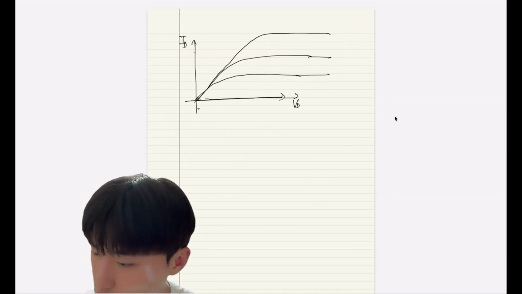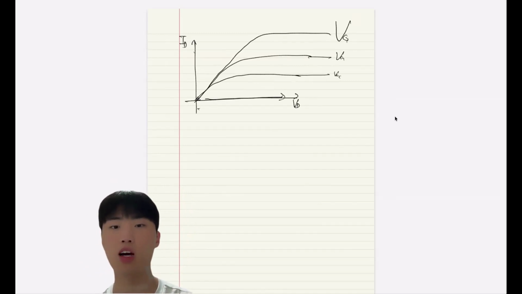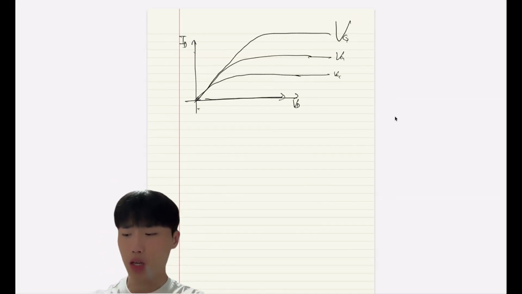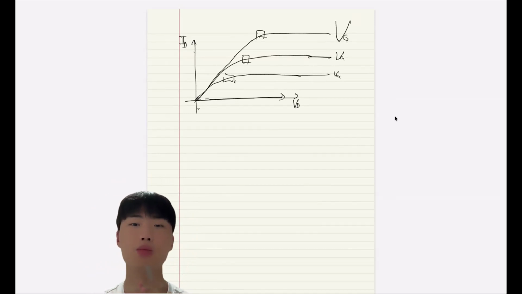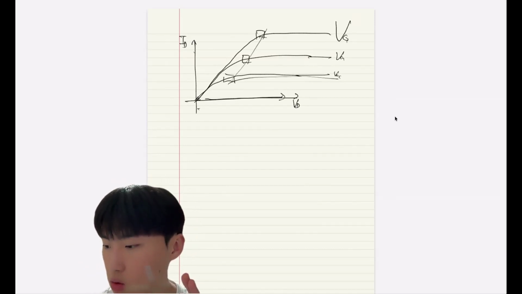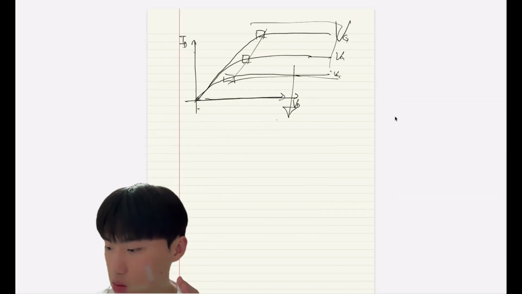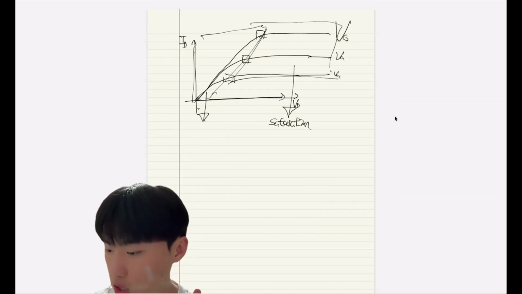So we can say VG, VG and VG. This will be the ID-VD curve. This part will be the edge of the saturation region, and this will be the saturation, and this part will be the linear region.